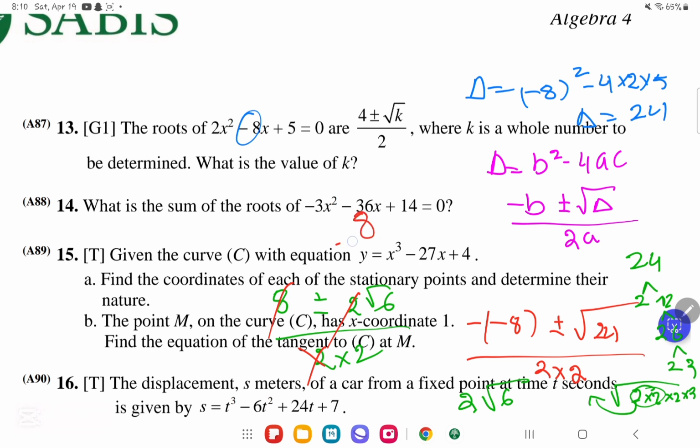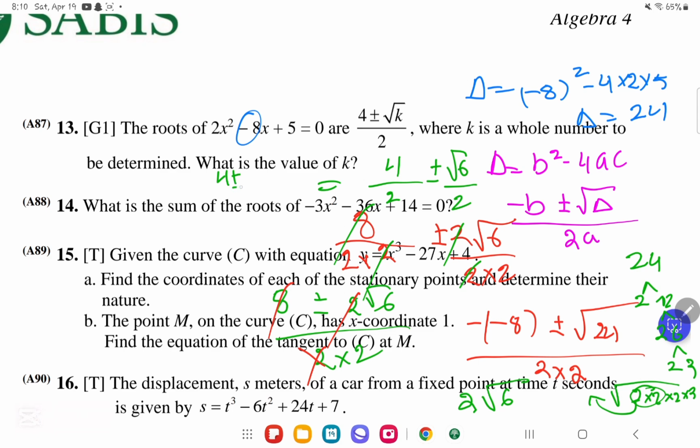Because it's the same as 8 over 2 times 2 plus or minus 2 radical 6 over 2 times 2. So then you simplify by cancelling this and this, and you will be left with 4 over 2 plus or minus radical 6 over 2. So then together combined, it's going to be 4 plus or minus radical 6 over 2. So the value of k is going to be 6.